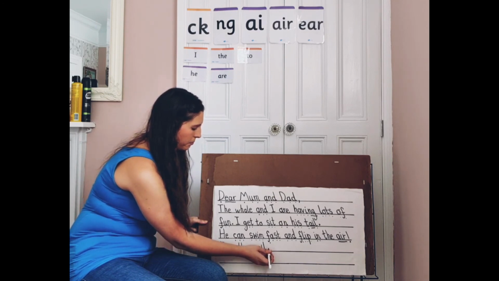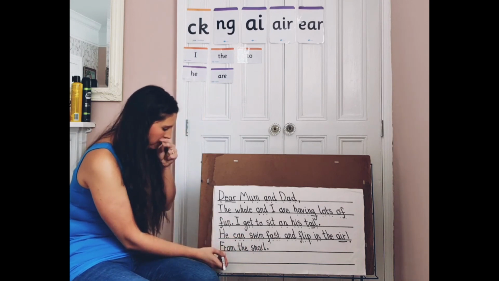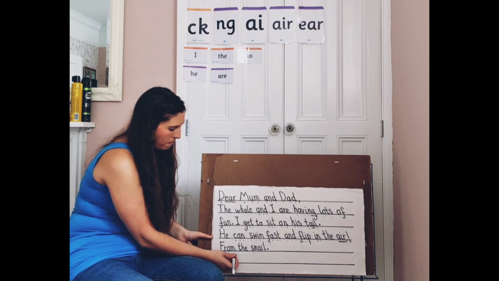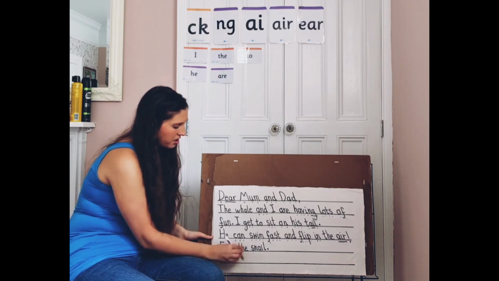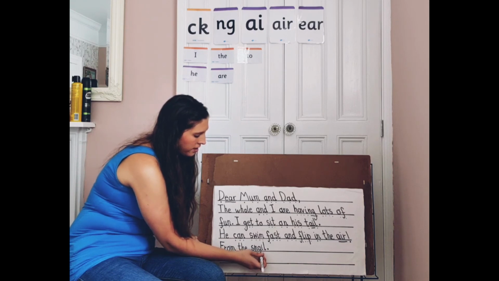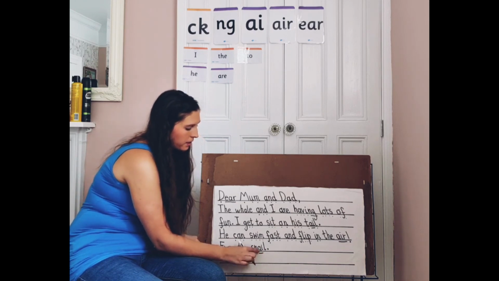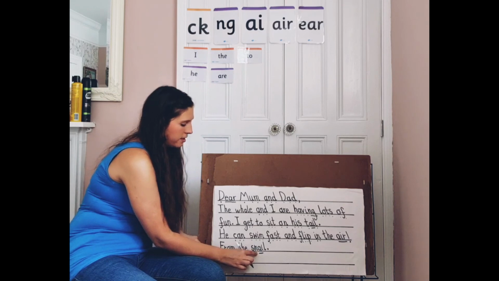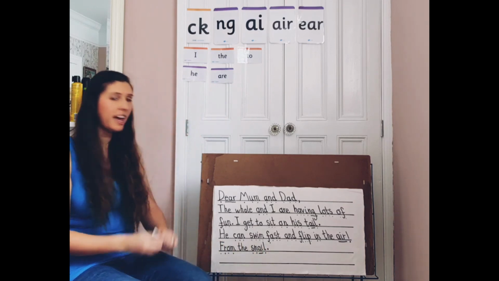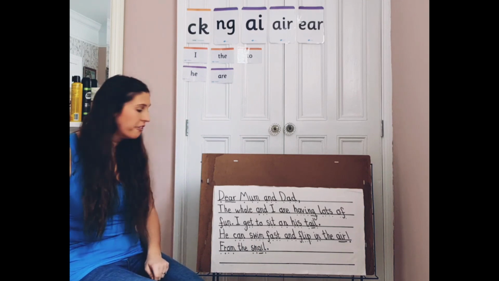And then at the end, I'm going to put a full stop. I'm just going to go back and do my sounds. So, from, this doesn't need any because it's a tricky word. A, that gets a line because it's a digraph. A, snail. Okay, and that is my postcard finished.